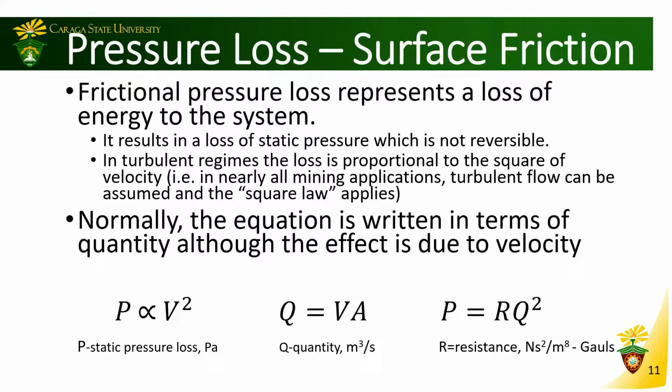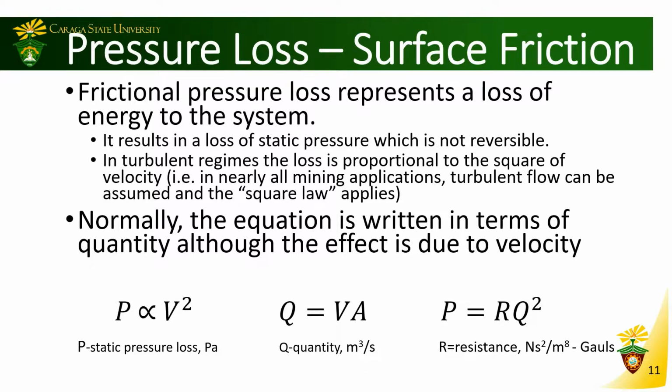And we assume that the square law, or that the pressure loss, is directly proportional to the square of the velocity in the ducts or in the airway, okay, or in mining applications.